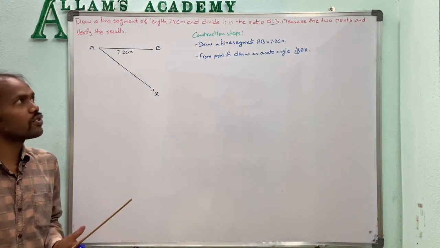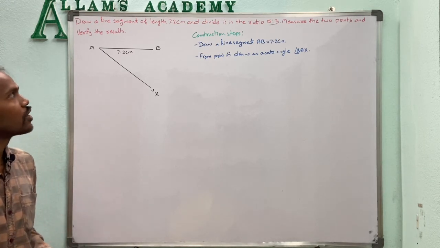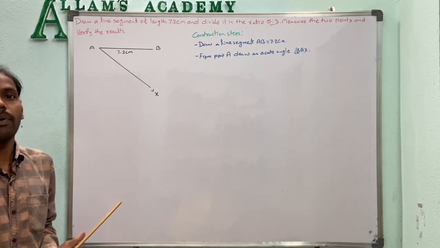A 5:3 ratio means the total is divided into 8 equal parts.